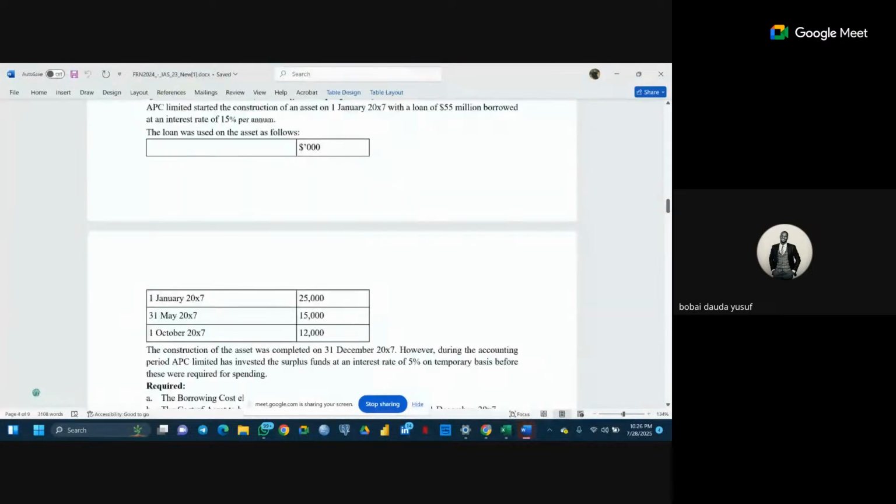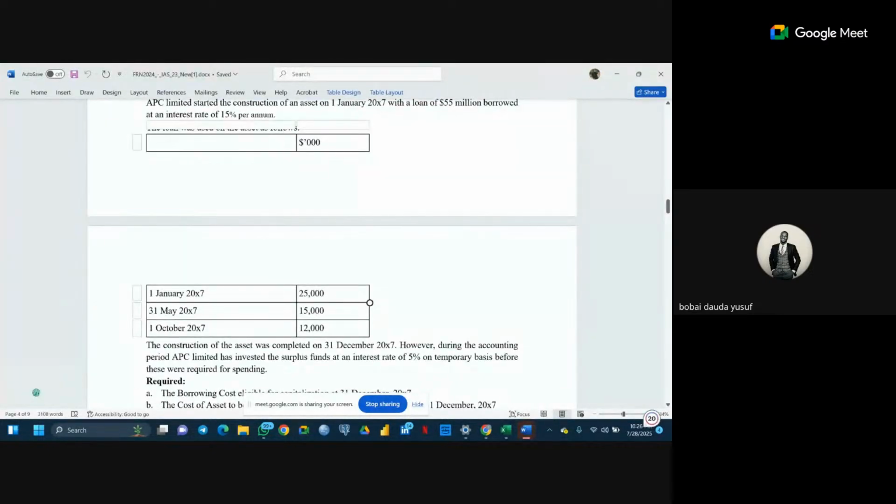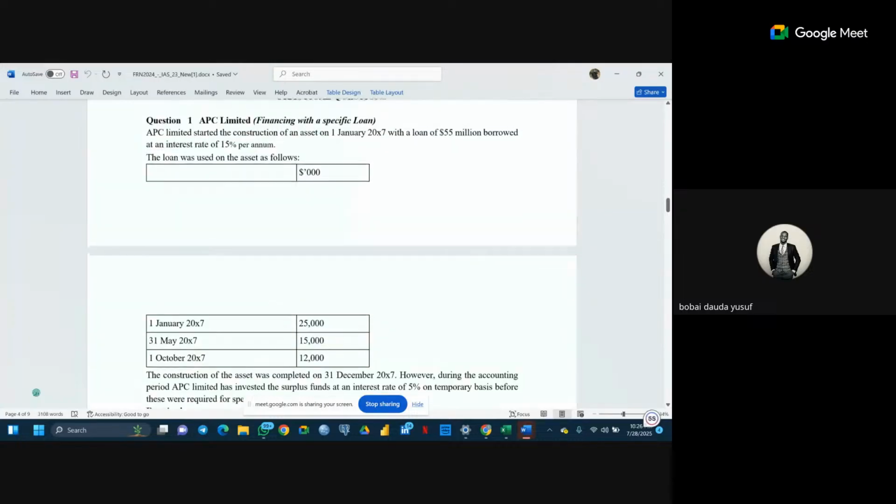Why didn't we start from 1st January 2007 of 25 million? So why did we start deducting from 31st May? Is there a place in the question that stated that we should start our drawing?